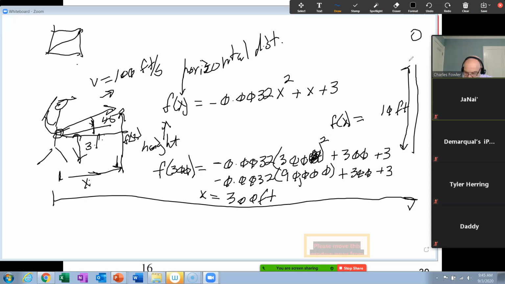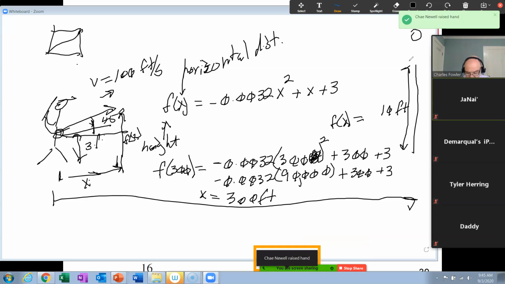Homework exercises here would be any of the odds, 5 or 7. They're both at Calc Chat. 7's at Calc View. Number 9's at Calc Chat. Any of the odds 11 through 17, they're all at Calc Chat. 11's at Calc View. Any of the odds 19 to 29, they're all at Calc Chat. 21's at Calc View.